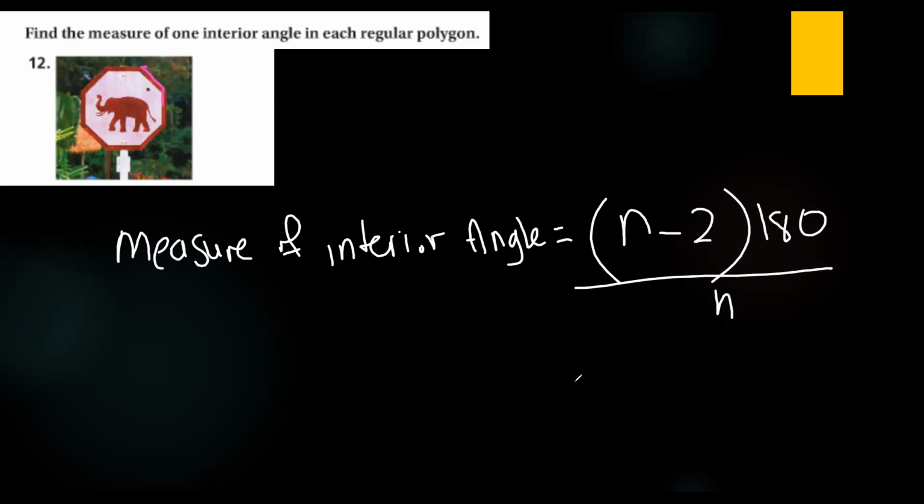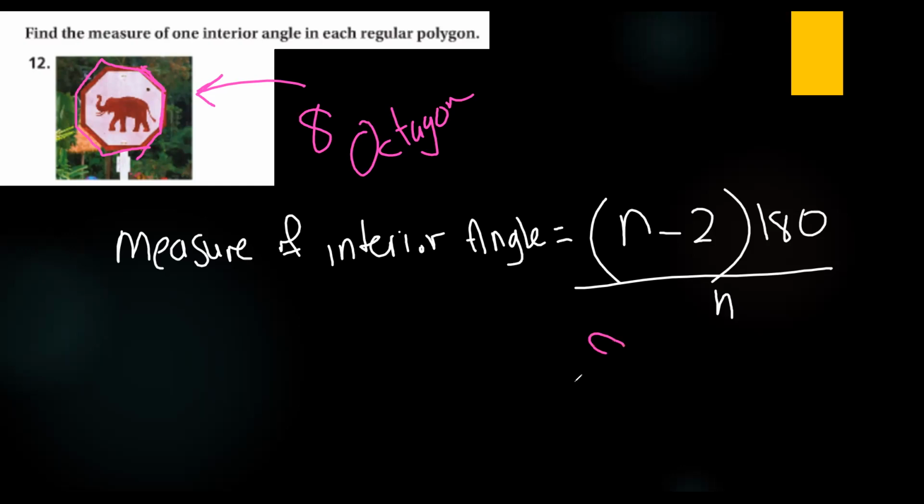Look at the shape. 1, 2, 3, 4, 5, 6, 7, 8. How many sides for the shape? 8, which we name an octagon. So this polygon here is an octagon with 8 sides.